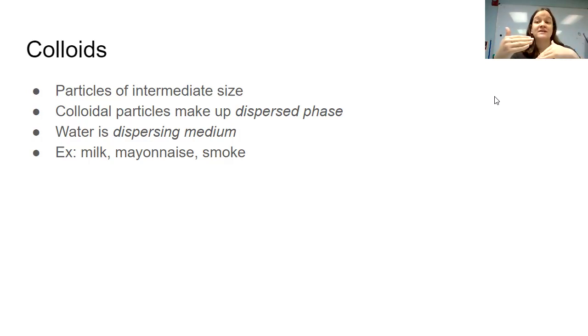So what we have here are two phases, right? Because they're not totally dissolved. They don't make a single phase, but they also don't totally settle out into two distinct phases like a suspension would. So the colloid particles make up the dispersed phase, and the water usually is the dispersing medium.